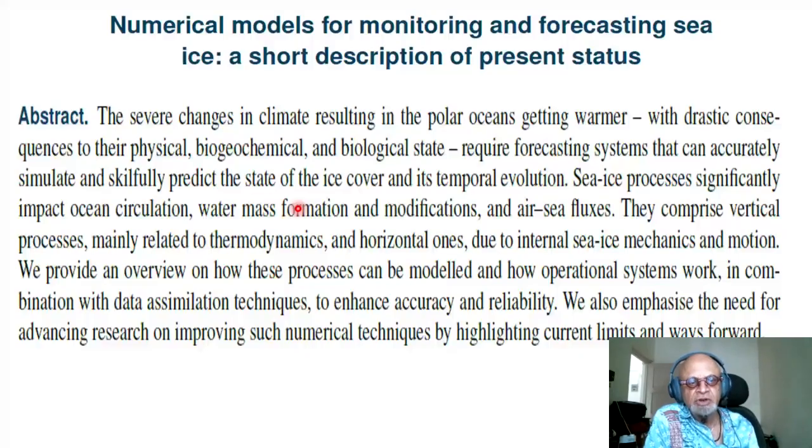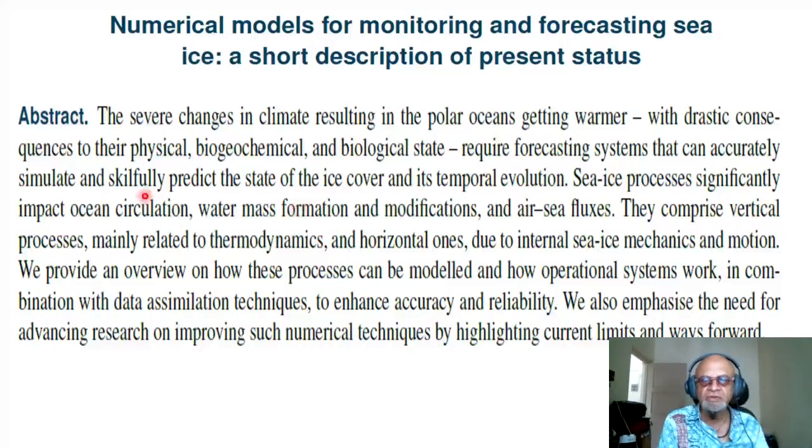And this chapter looks at an overview of how the processes are modeled and how operational systems work in terms of sea ice forecasts. NOAA also does just empirical forecasts, just take satellite data for past sea ice concentrations, let's say, and relate them to winds and circulation in some ways, and explicitly predict winds and circulation, and just do empirically sea ice. Okay, this also gets used quite a bit.